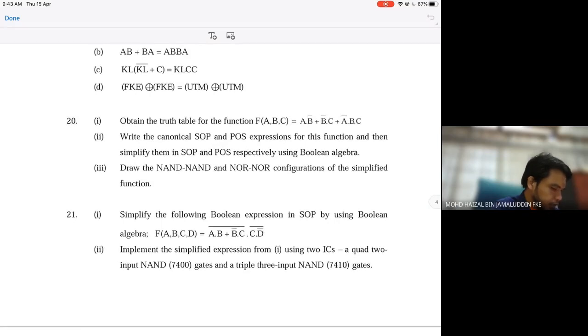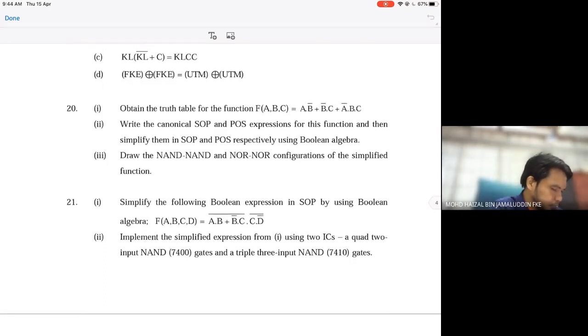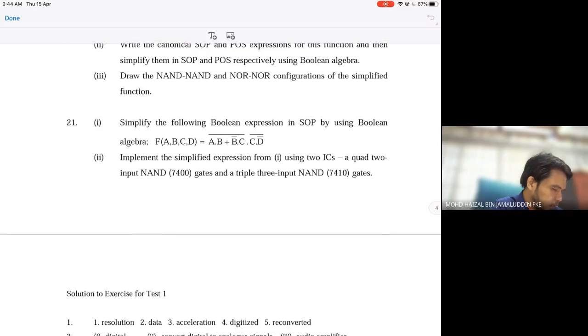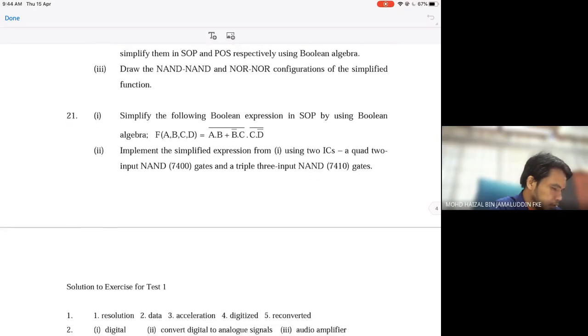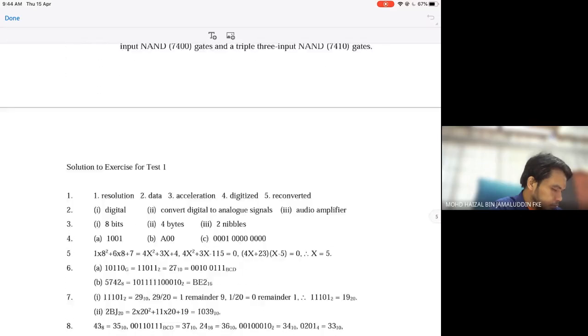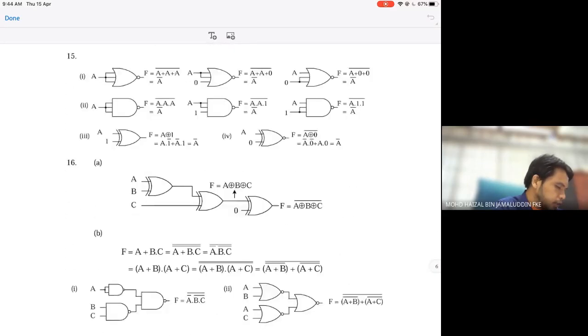This one, the question asks to use only NOR, or only NAND gates, so you need to think how to change the kind of gates that you need to use. 21.1 is a Boolean expression. The answer is there.